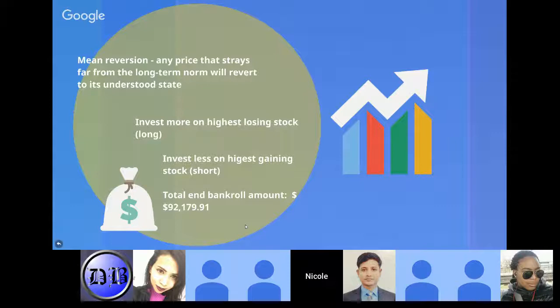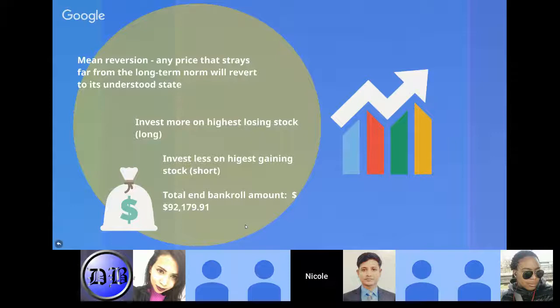So then we ended up with a total bankroll amount of $92,179.91. And we can determine that the mean reversion algorithm would provide the investors with the best return, since the mean reversion algorithm actually behaves like the stock market.